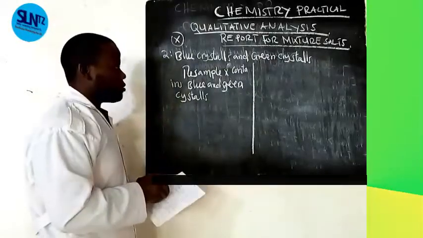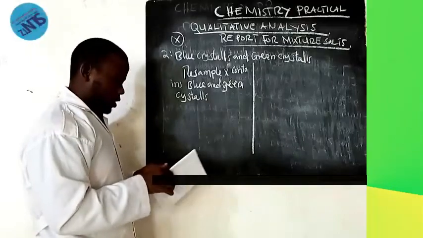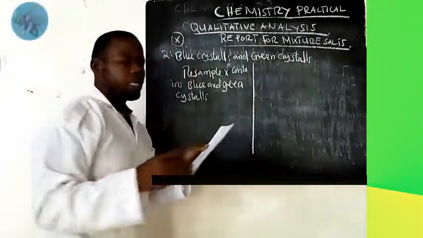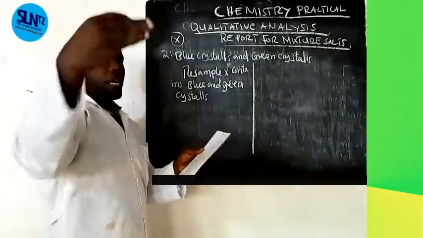Let's go on with our report on inferences. It means we start with the anion or cation.